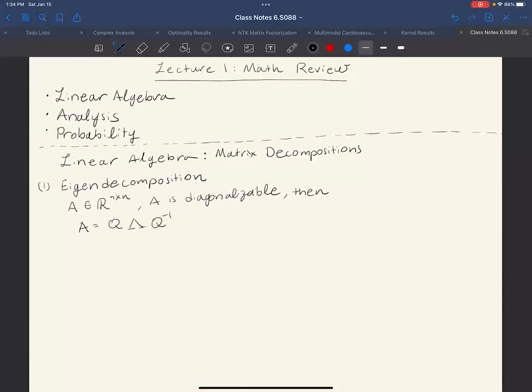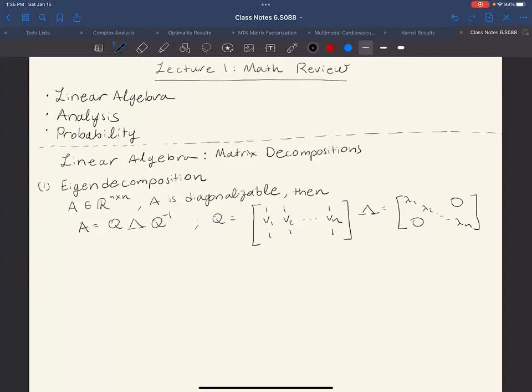And now this Q is just going to be a big matrix of n vectors, which I'm going to call V1 to Vn. And my lambda is going to be a diagonal matrix, lambda 1 to lambda n. So it has zeros on the off diagonal entries.